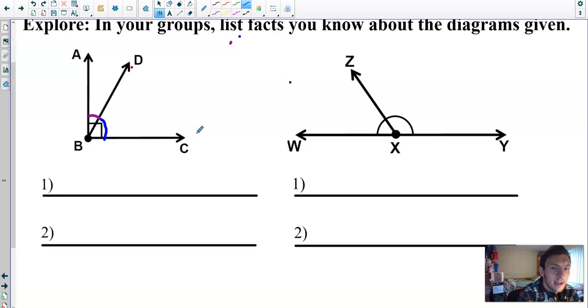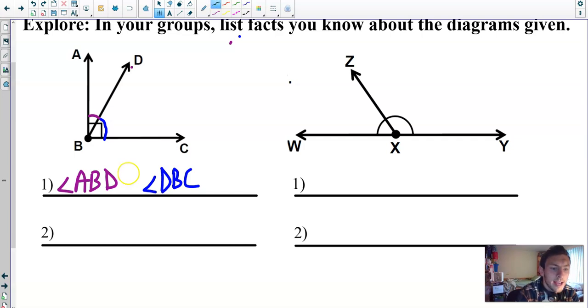So this is how we're going to write it. The purple angle, the angle symbol is this. And then since it goes from A to B to D, you have to write angle A, B, D. And now the blue angle is angle D, B, C. That's how you list angles.